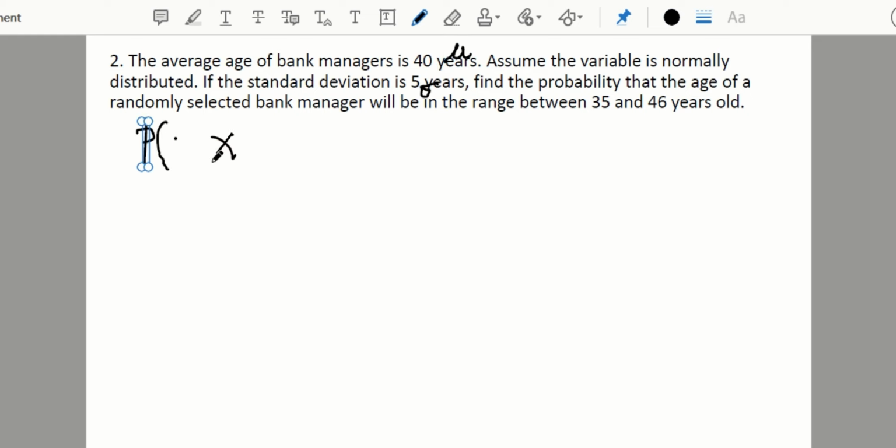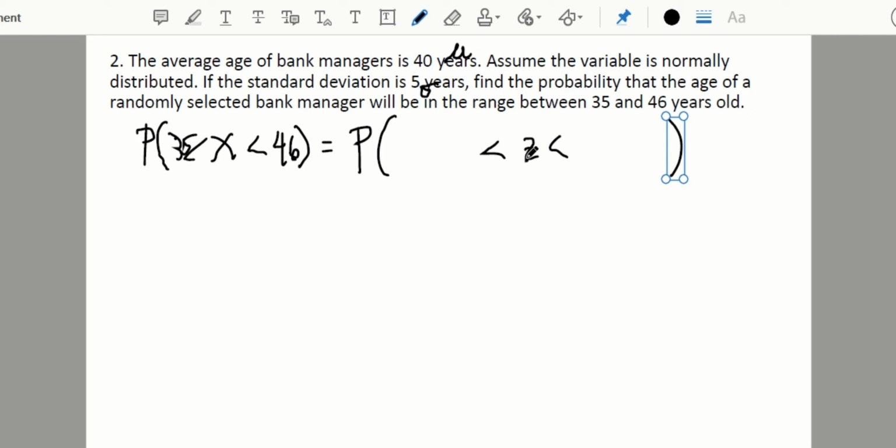So between, so x is in the middle. So between 35 and 46. So again, we will convert these two values to the standard normal distribution, or z-score. So this will become 35 minus the population mean, which is 40, divided by the standard deviation 5.